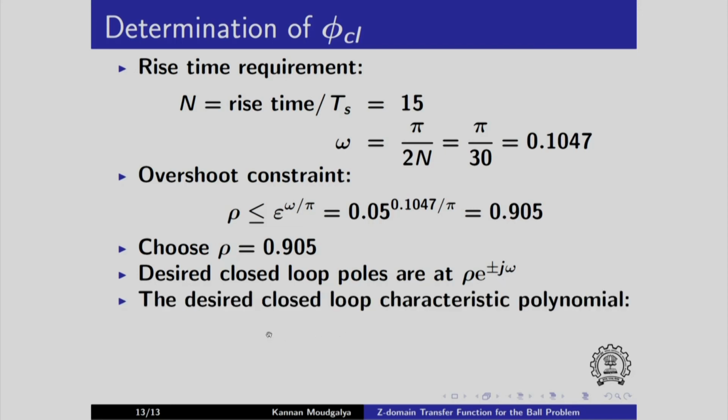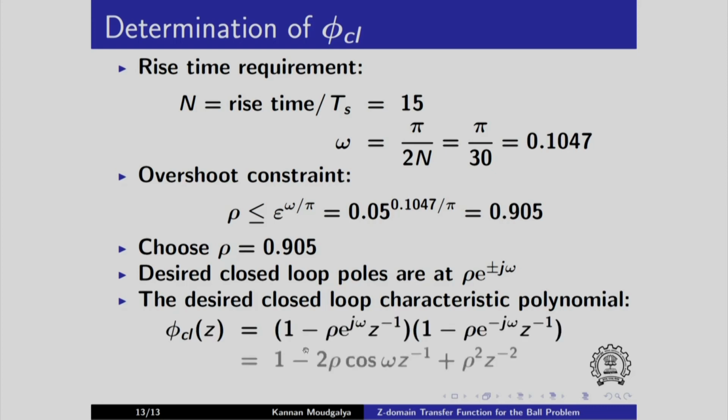We obtain the expression for the desired closed loop characteristic polynomial as given here. We can simplify it, substitute values, we get this expression. So we arrive at the specification, we arrive at the phi that we want. Now we know all the things required to design the controller, which we will do in the next video.